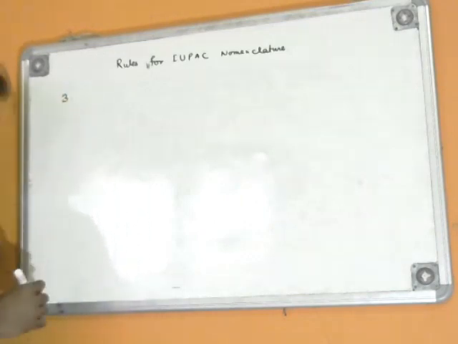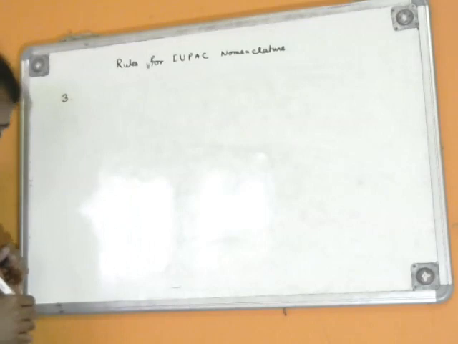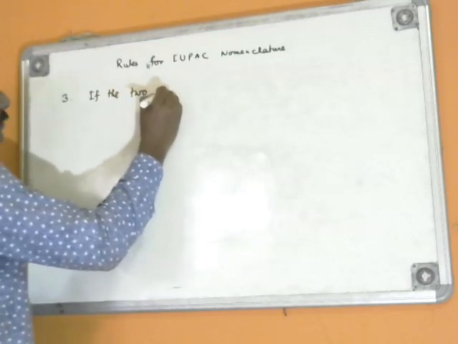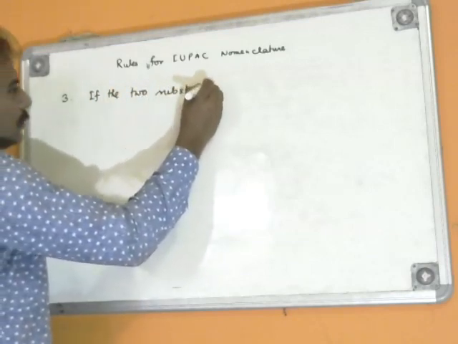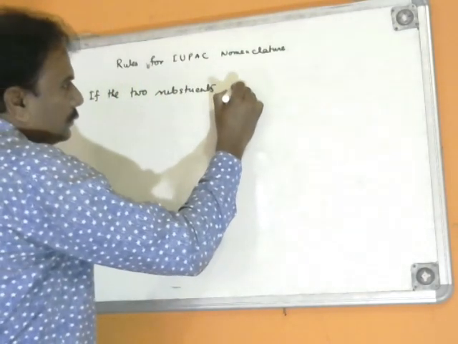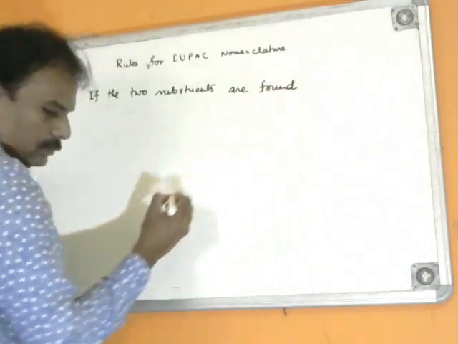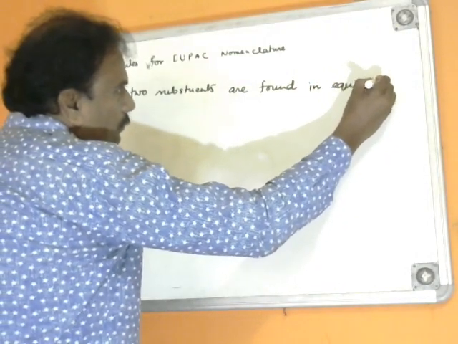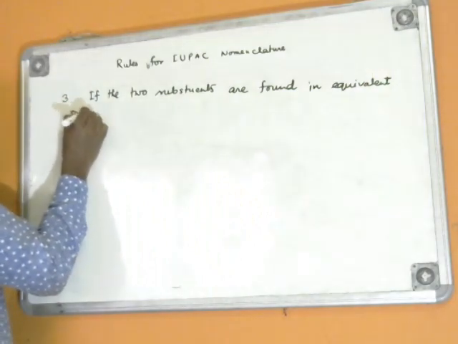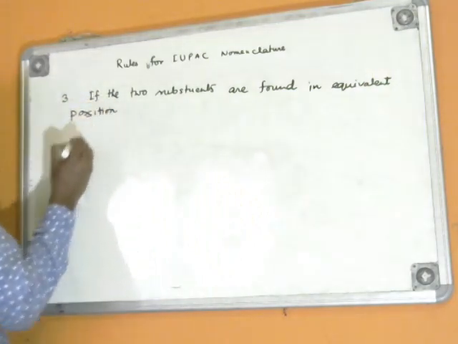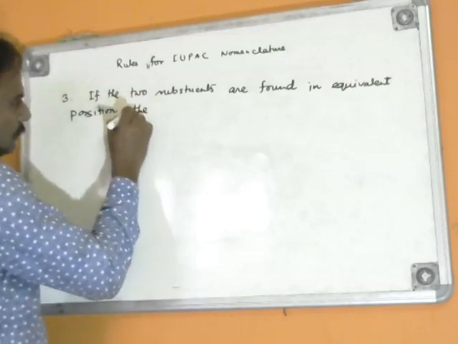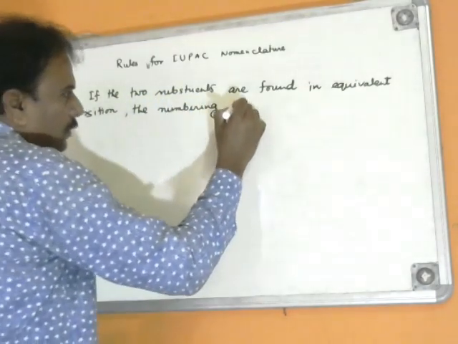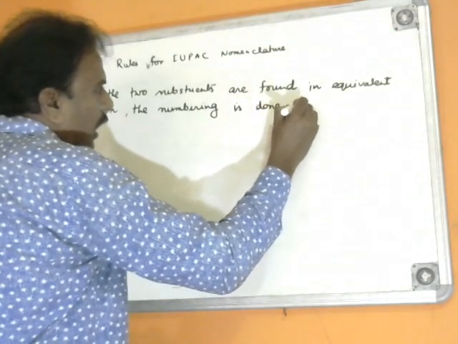Third, if two substituents are found in equivalent positions, the numbering is done alphabetically.